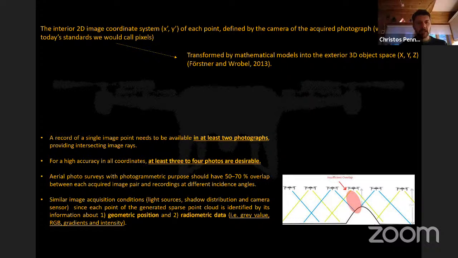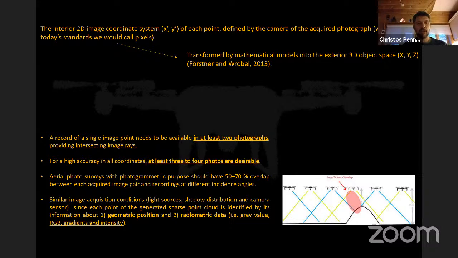Now, what we need in order to make these photogrammetric applications is that a record of a single image point must be available in at least 2 photographs. So in order to perform the above procedure, we need to have one point that is available in at least 2 photographs.